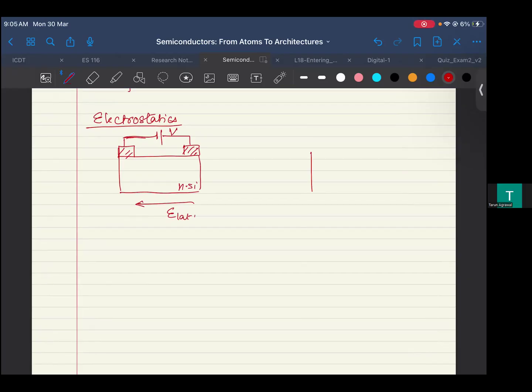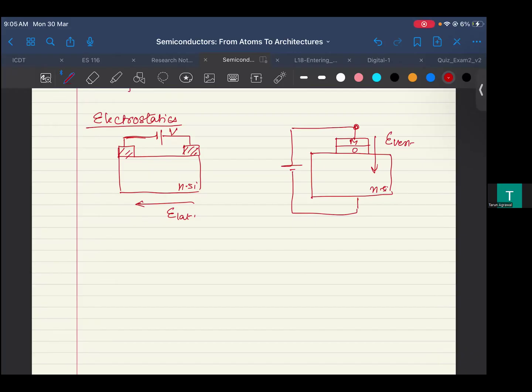There's another field which we saw in the MOSFET video. You can check out the physical structure where we related the MOSFET, where there's a metal, oxide and semiconductor. And when we apply a potential between these two, you are going to see a field which is the vertical field, right?